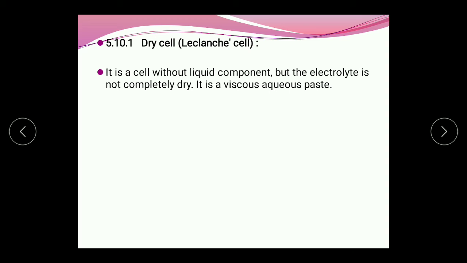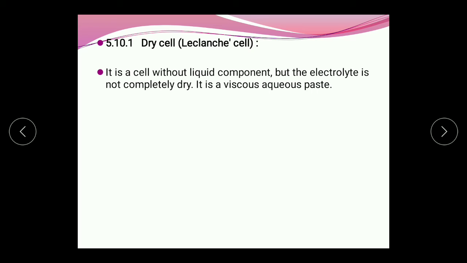The cell is without liquid component, but it is not completely dry. It contains a viscous aqueous paste. Because if we use completely dry chemicals, then the movement of electrons is not possible. For movement of electrons from anode to cathode, we require a medium, and that should be liquid. But the dry cell, the battery we use, is not completely dry.